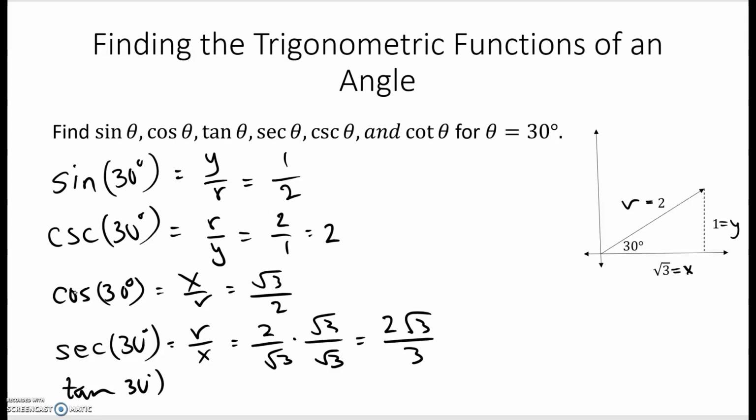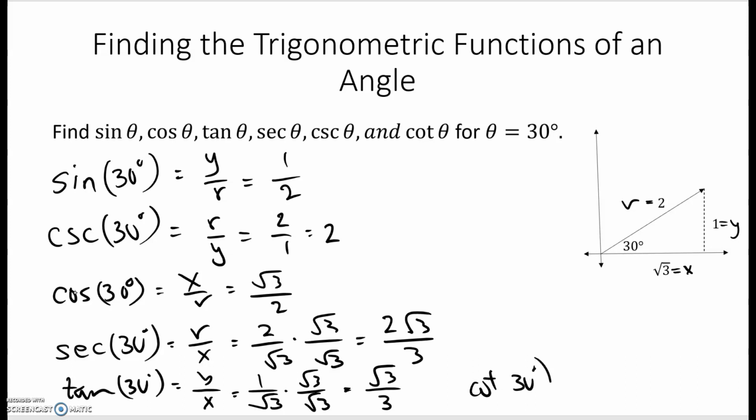Tangent of 30 is Y over X. Y is 1. X is square root of 3. Got to rationalize again. So square root of 3 over 3. And then cotangent of 30. Okay, so would I flip number 1 or number 2?